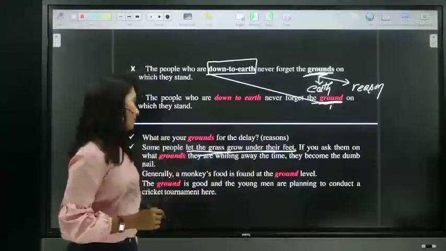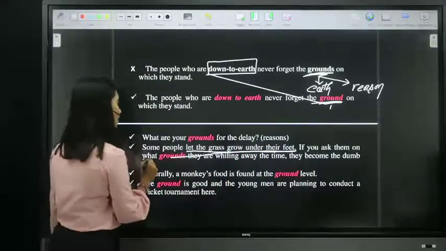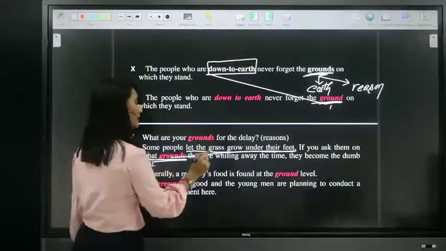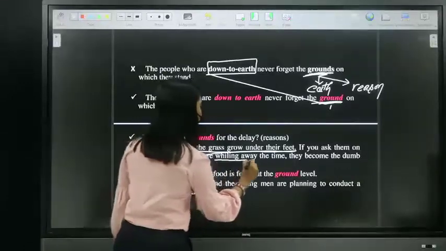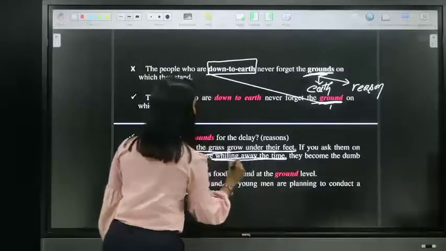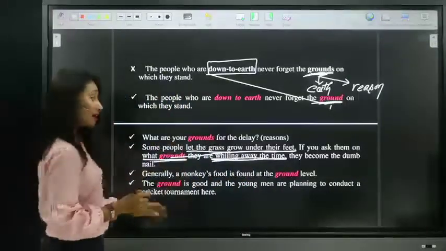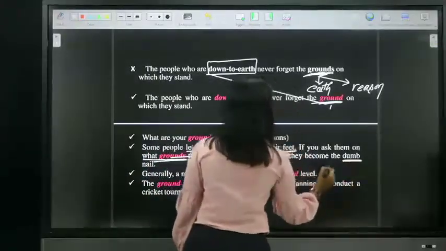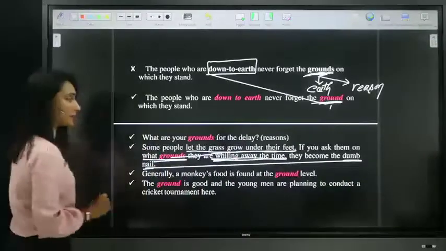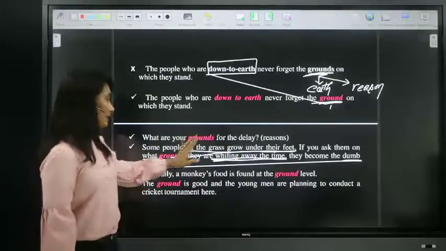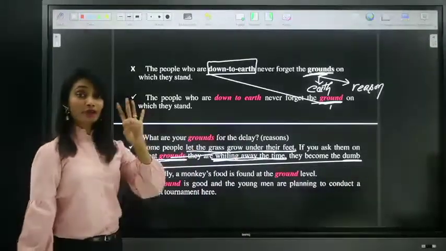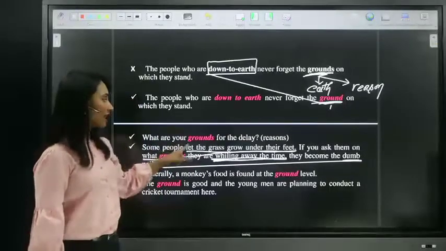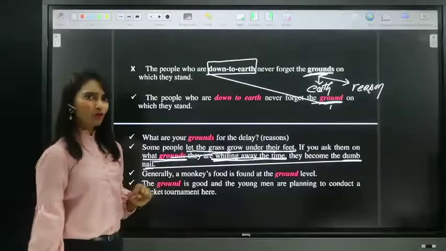If you ask them on what grounds they are whiling away the time, they become the dumb nail. In this example, there are four idioms and phrases which you should learn. Let the grass grow under one's feet.